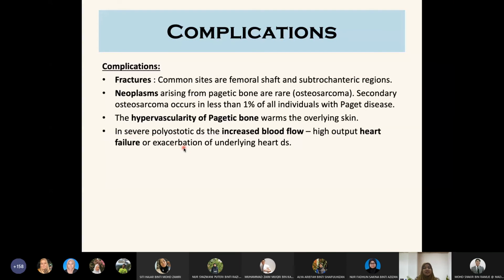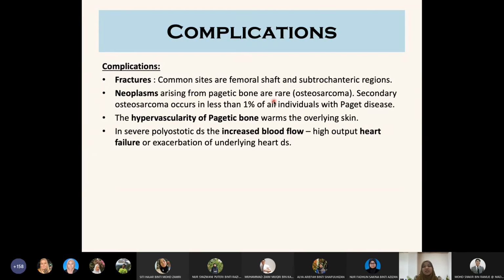So just to recap, other complications that may occur in patients with Paget is fracture, the chopstick type fracture, usually in the long bone. And then another thing that can occur in Paget but not in osteoporosis, osteomalacia and rickets, they can have neoplasm arising from the pagetic bone, but it is rare.